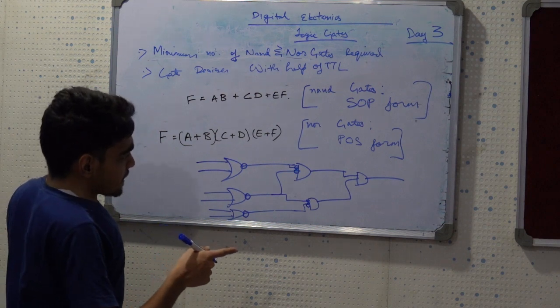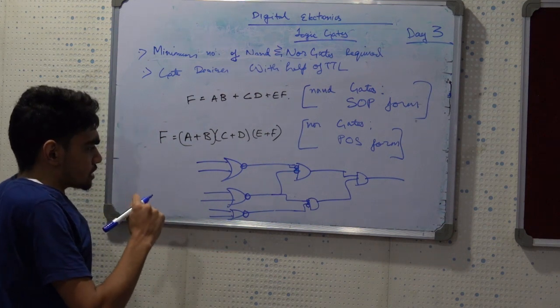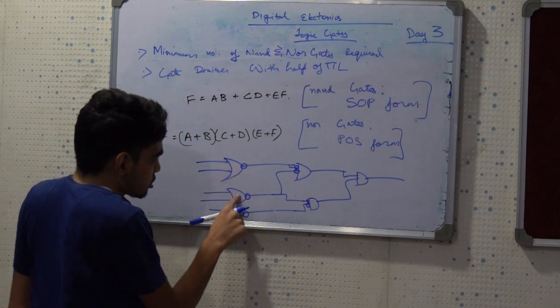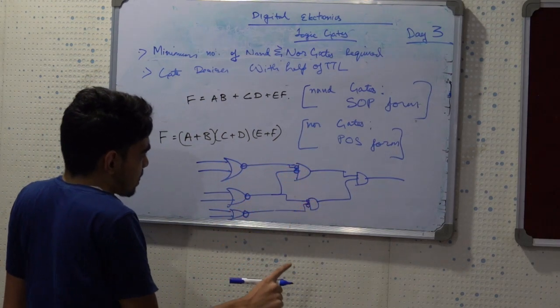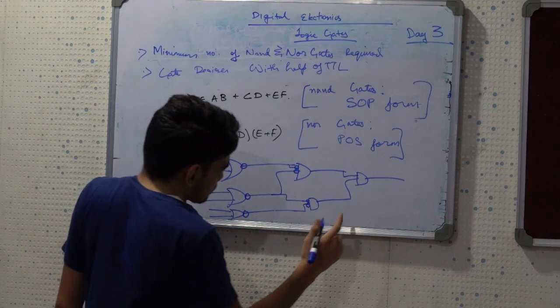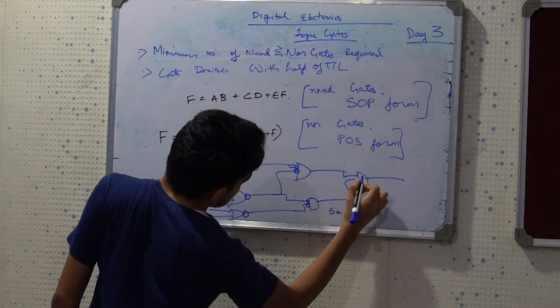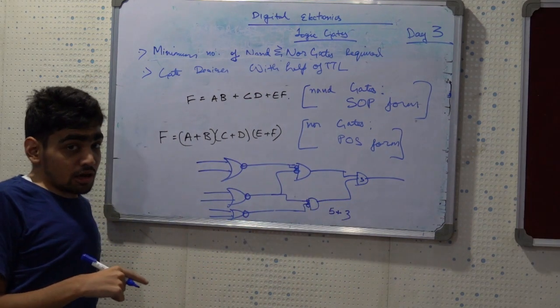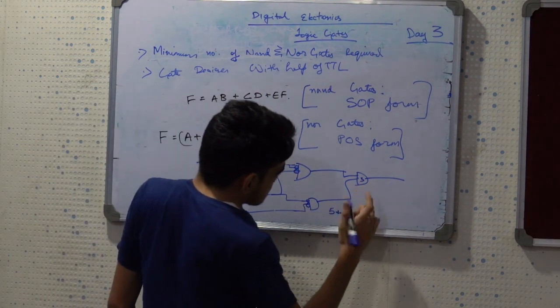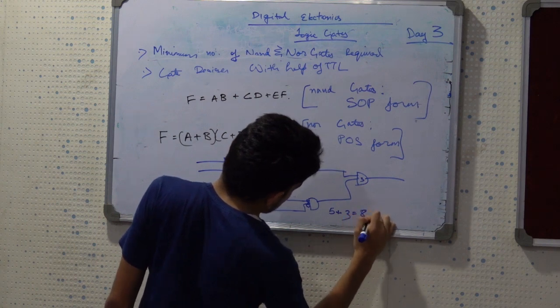So the minimum number of NOR gates required is 1, 2, 3, 4, 5 plus 3. As AND gates require 3 NOR gates, so that's why over here it's 3, which is 8.